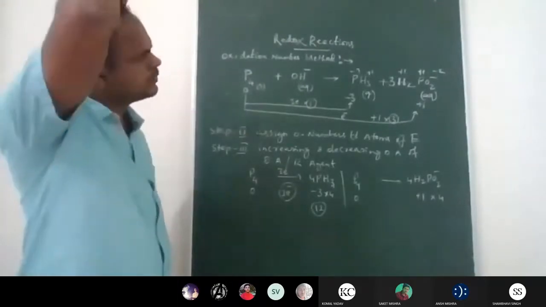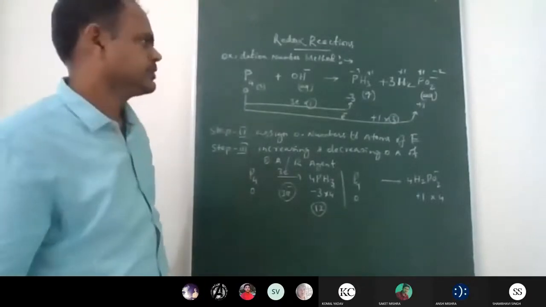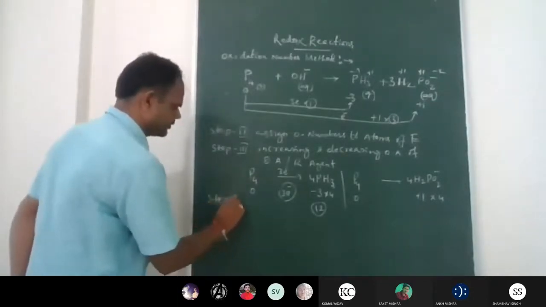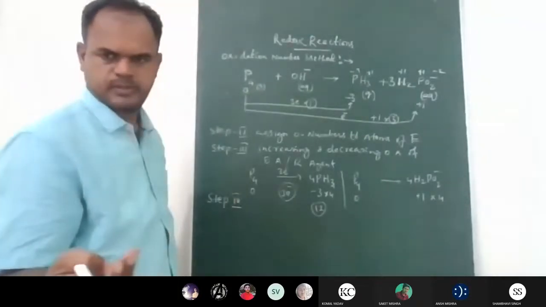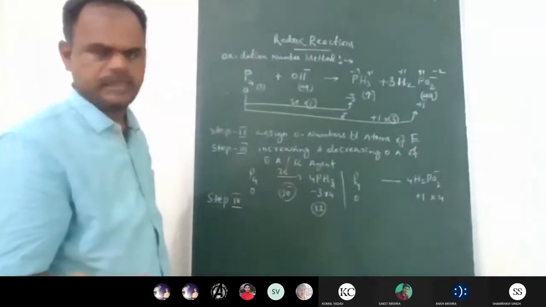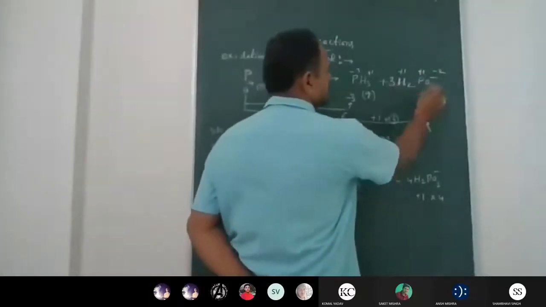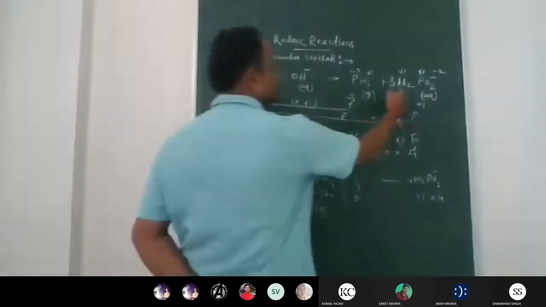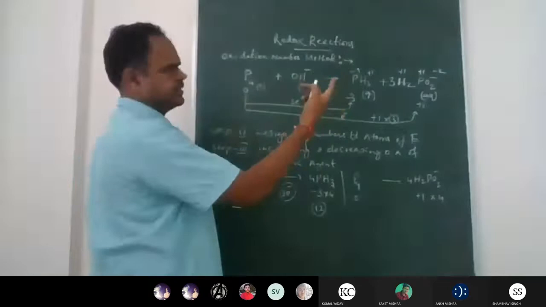After balancing the phosphorus atoms, in step 4 we balance either the hydrogen or the oxygen atoms. Here I am balancing the oxygen atoms. 3 into 2, so the RHS oxygen atoms number will be 6.